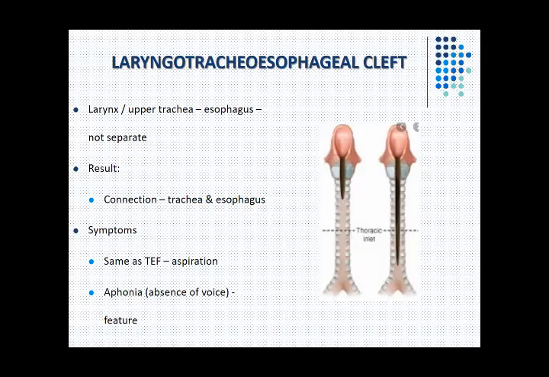इसका cause क्या है? Because the larynx and upper trachea they fail to separate from the esophagus। यहाँ पर भी जो septum है, laryngotracheal septum जो है, ये tracheoesophageal septum, वो properly develop नहीं होता। उसका result क्या है?